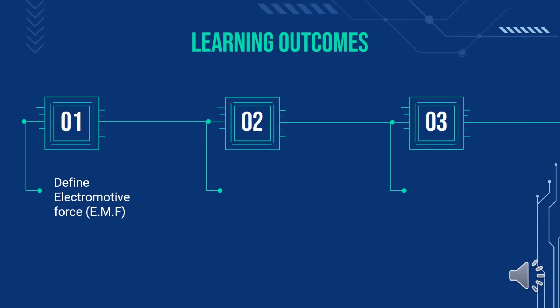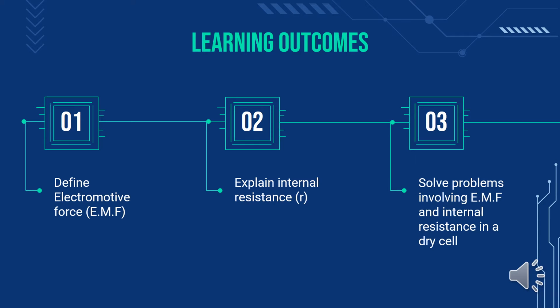We can write it as EMF. Second, you must be able to explain internal resistance. We also can write it as small r. Third, you must be able to solve the problems involving EMF and internal resistance in a dry cell. Dry cell is also known as battery.